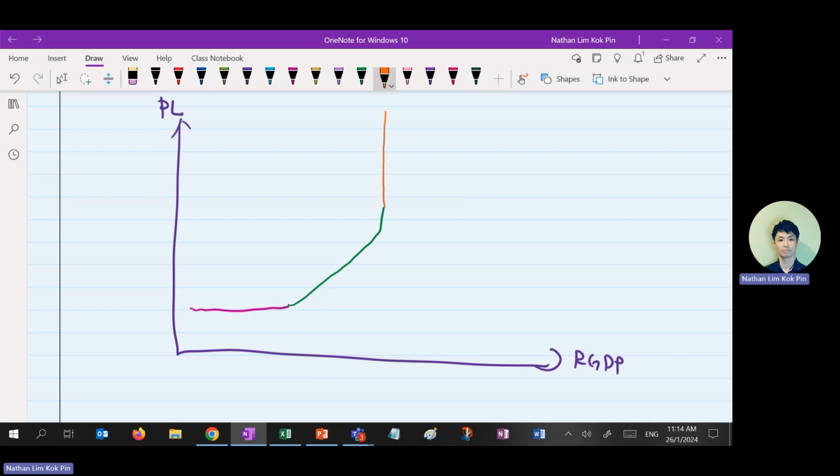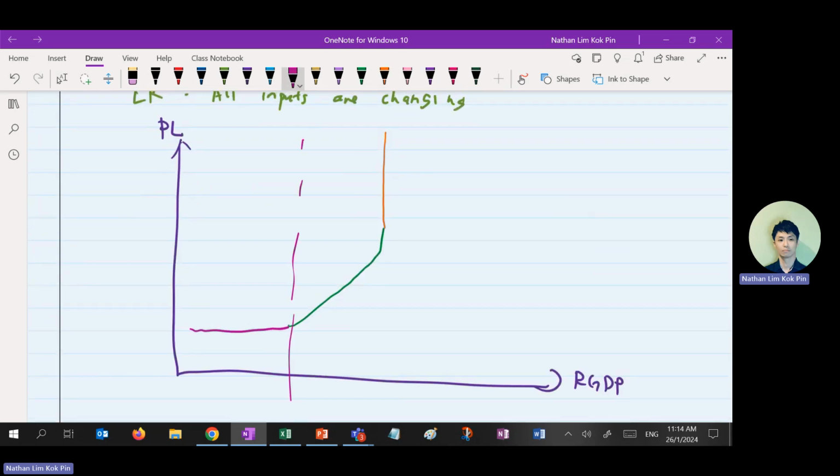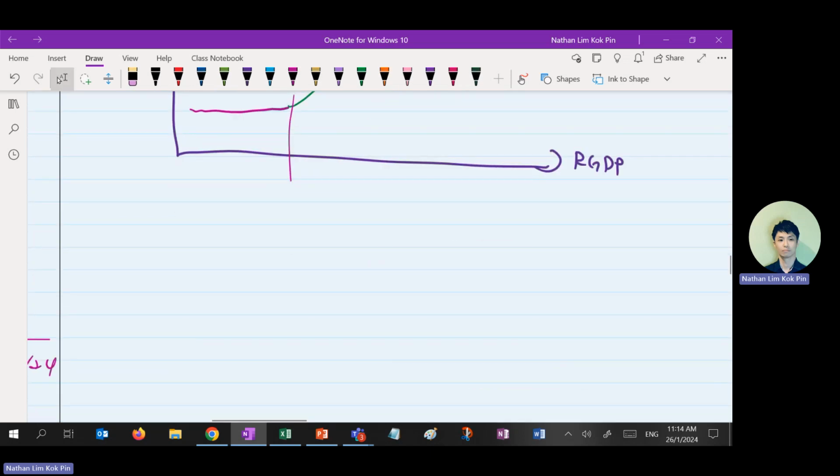So what's the first one? First one is known as the Keynesian range. Keynesian range says what? Unemployment of resources. When I say unemployment of resources, it doesn't mean only labor. It means labor, capital, entrepreneur, and land. All of them are unemployed.